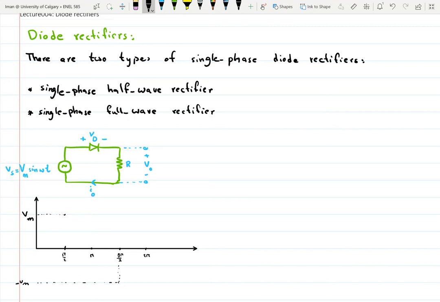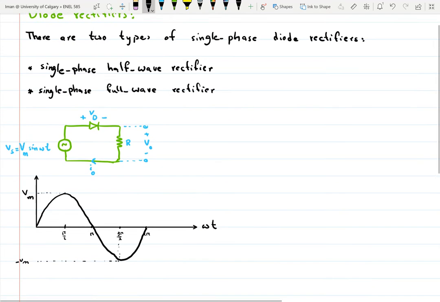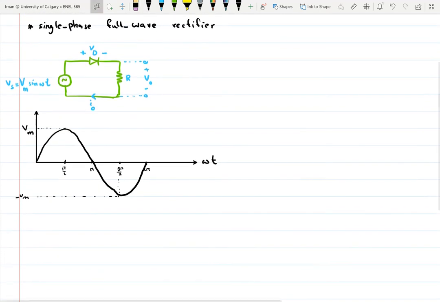Okay, so let's say we have our Vs voltage like this.